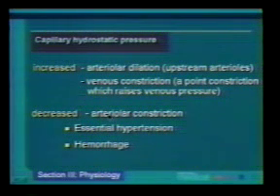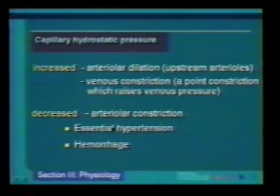If we consider situations in which capillary hydrostatic pressure decreases, the main situation is when you have arteriolar constriction. If you constrict the arterioles, then downstream the pressure goes down.